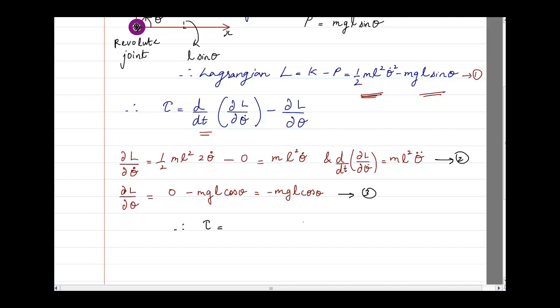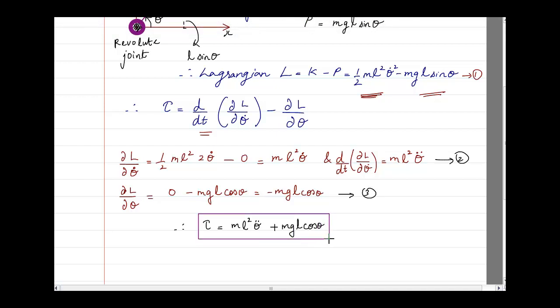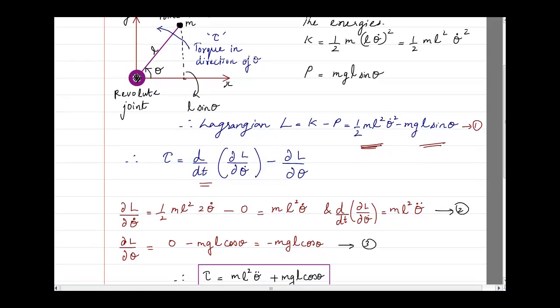So I will get m L square theta double dot, minus of minus, which becomes plus, mgL cos theta. And that is the equation for this particular setup of a revolute joint.